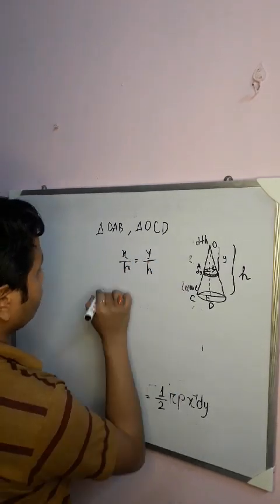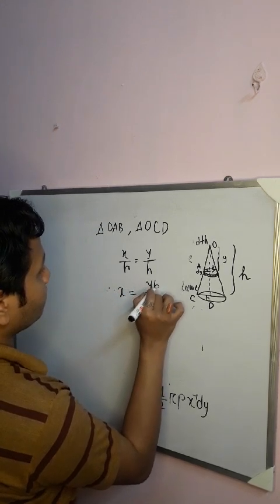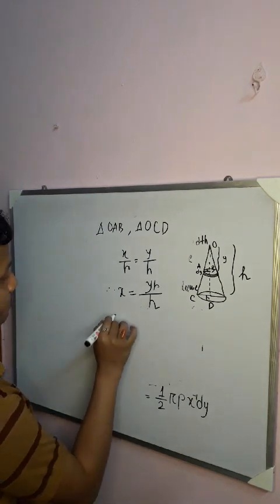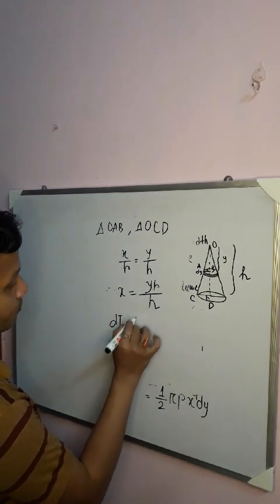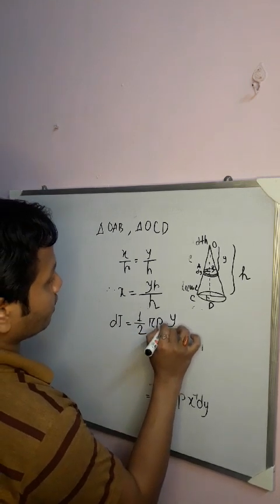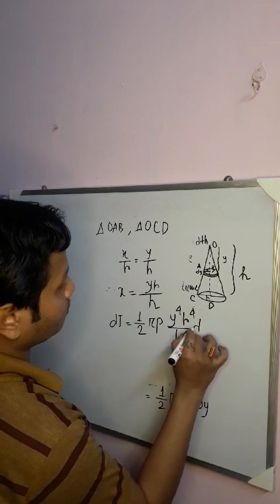So x is y r by h. So what will be my dI? My dI will be half pi rho x to the power 4 dy, that means y to the power 4 r to the power 4 by h to the power 4 dy.